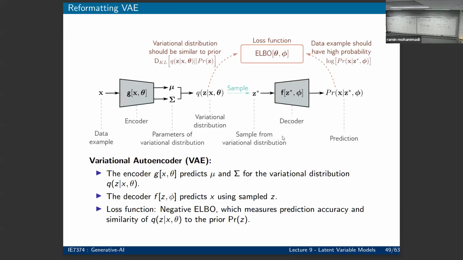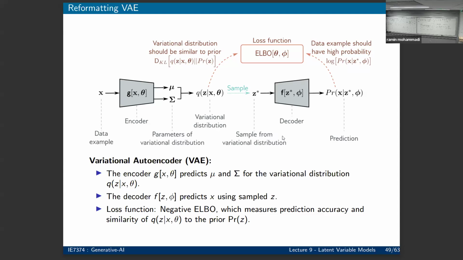Now, we're going to reformat this variational autoencoder. This is what you saw before. There's an encoder. The encoder gives you this mu and covariance. Using that, you come up with this Q. From Q, you sample Z. From Z it goes to the decoder, or generative model, and it generates for you.